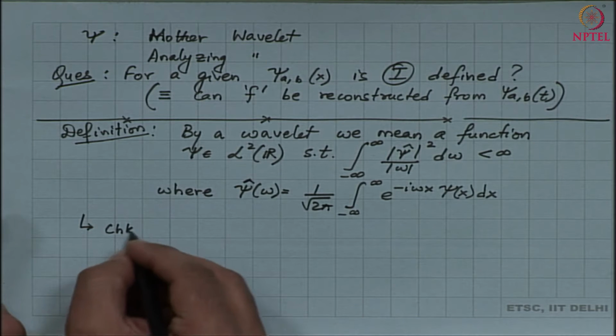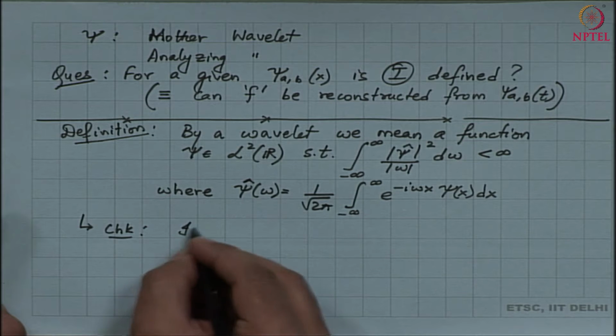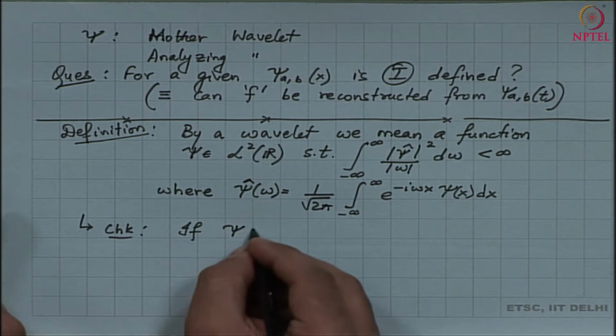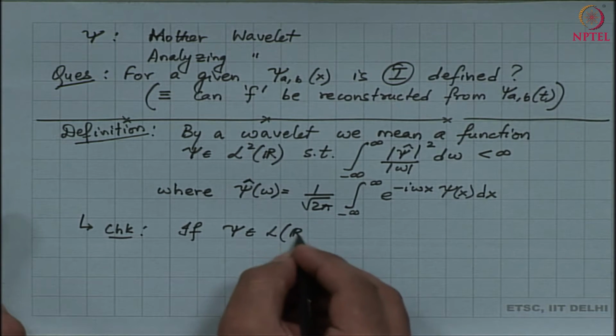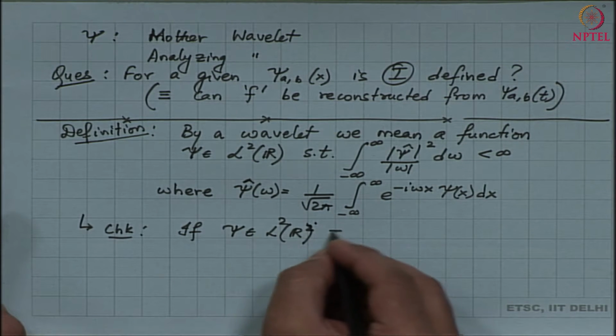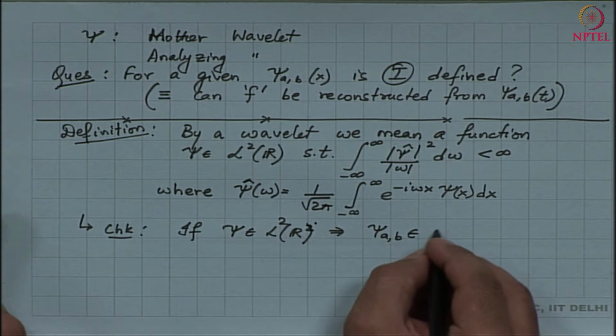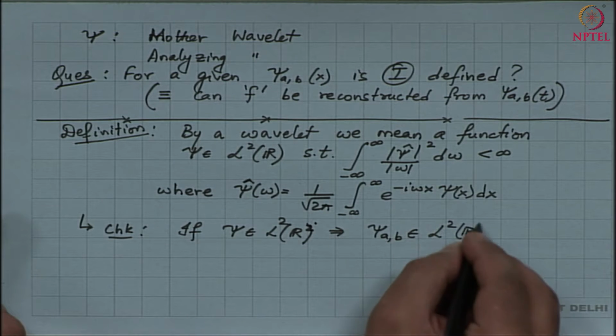Okay, so notice the following. Students are requested to check the square integration of this. If I am given that the wavelet function is square integrable, it also means that the scaled and shifted version of the function is also square integrable. That can be easily checked.